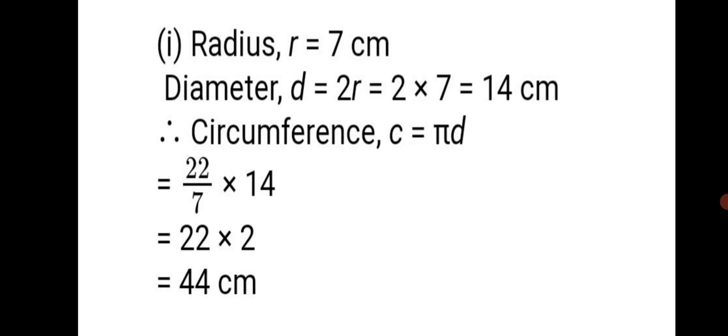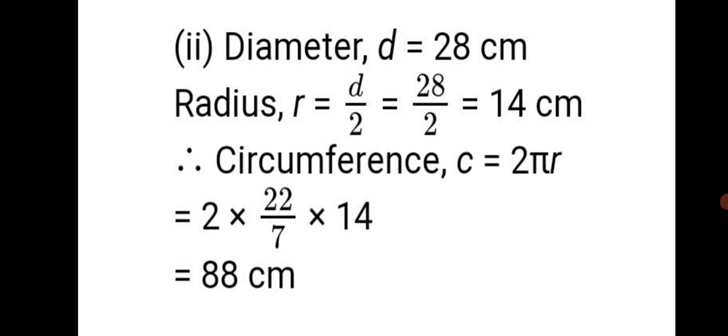Let's go to question number 2. In question number 2, we have got diameter equal to 28. Here diameter is given. So we need to find the radius and circumference. We know that radius is half of diameter. So diameter divided by 2 is a radius. So write down the formula for radius.